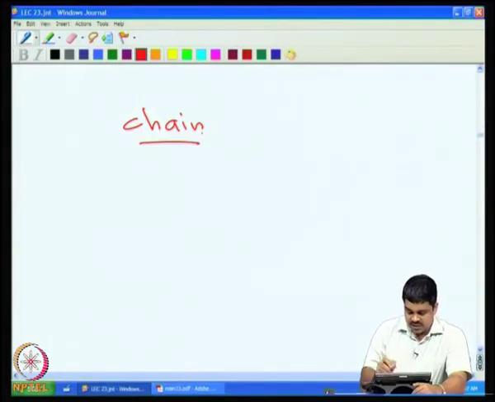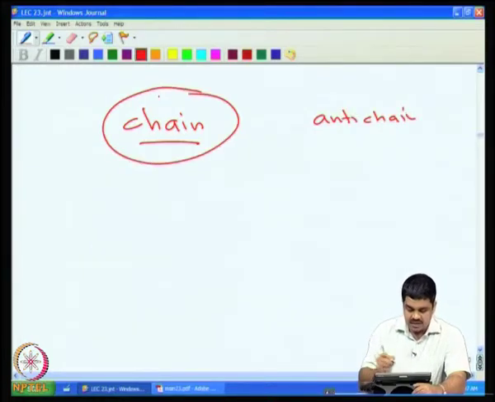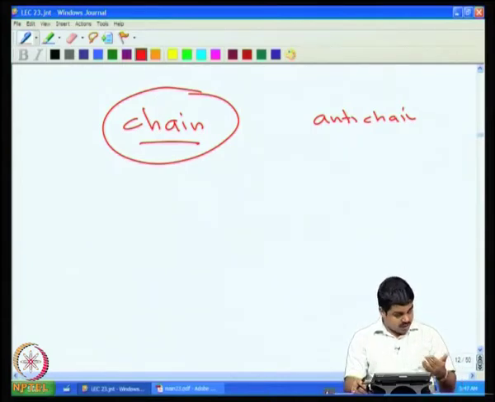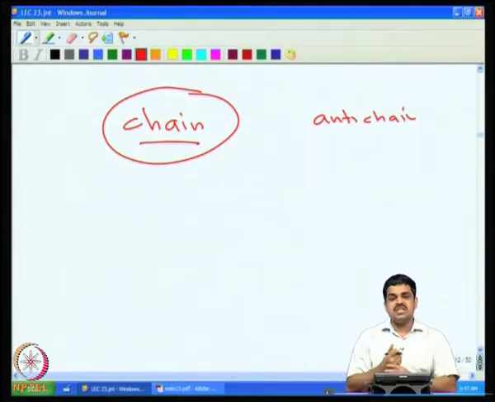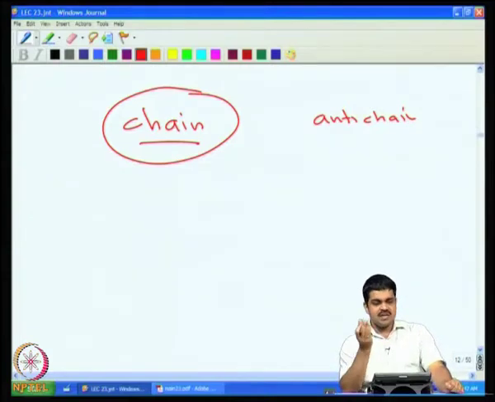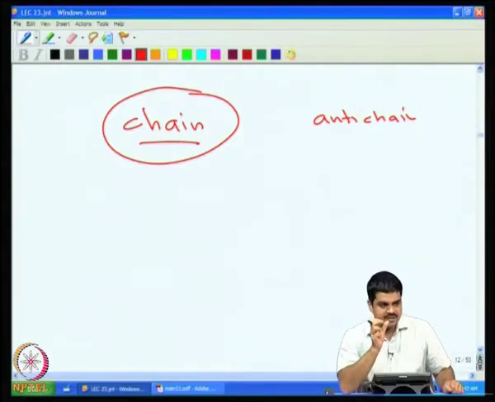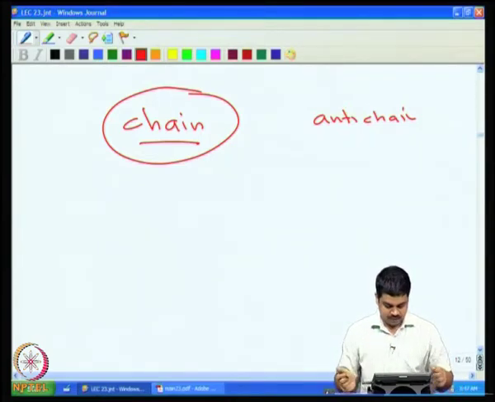So, we know what a chain is, what an antichain is. Essentially, a chain of a partial order corresponds to a clique in the comparability graph, and similarly a clique in the comparability graph corresponds to a chain in the partial order. It is very obvious, because a chain means every pair is related, that is part of the relation, therefore those edges will be there. So, that will become a clique.